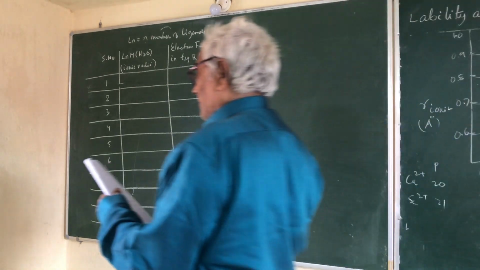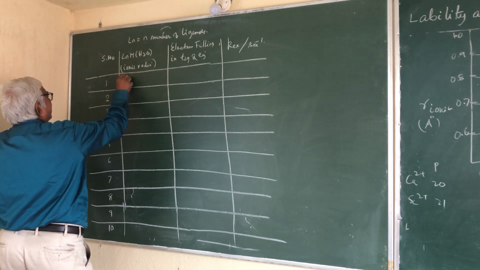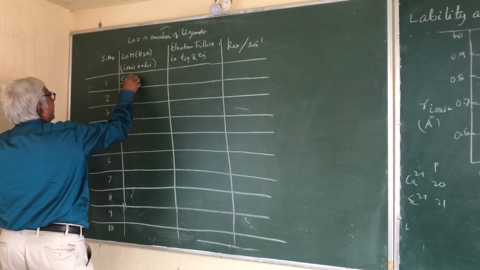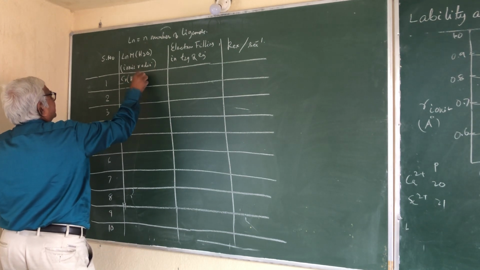So let us consider this complex, Cr(H2O)6 2 plus.